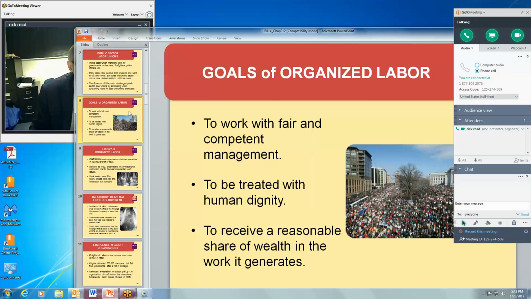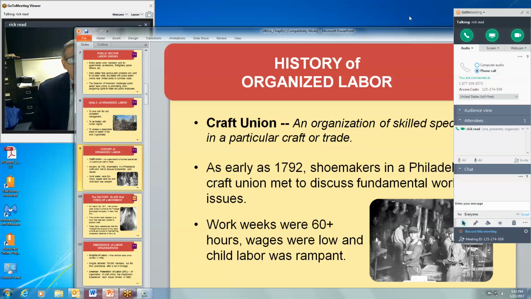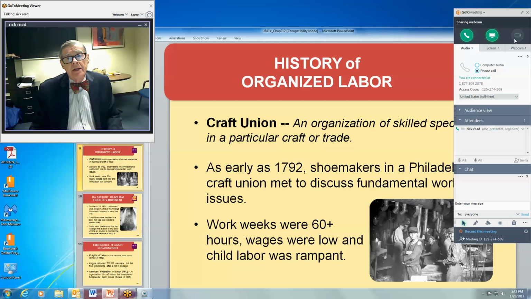Organized labor in the United States started as early as 1792. You can see a little story about the cordwainers here in 1792. These are actually shoemakers. We don't usually use that term, cordwainers. But look at their work week: 60 hours a week, a third longer than what most of us work, if we work 40 hours a week.